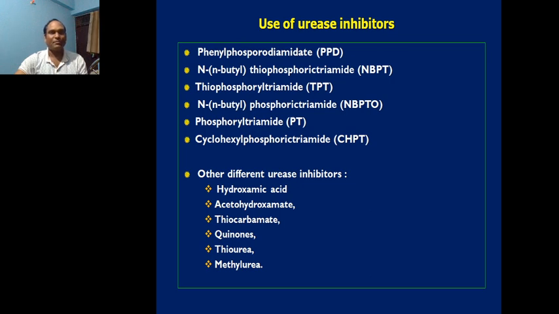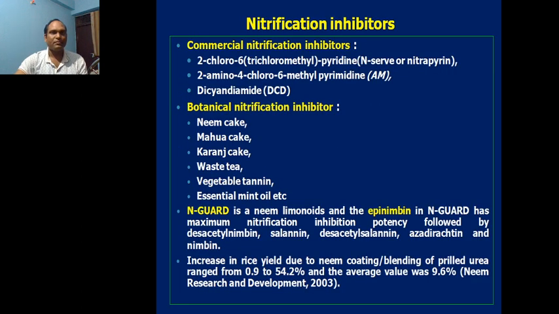So several products like phenyl phosphorodiamidate, N-butyl thiophosphorictriamide, thiophosphoryl triamide, and other different urease inhibitors like hydroxamic acid, quinones, thiourea, methylurea are used along with urea fertilizers.